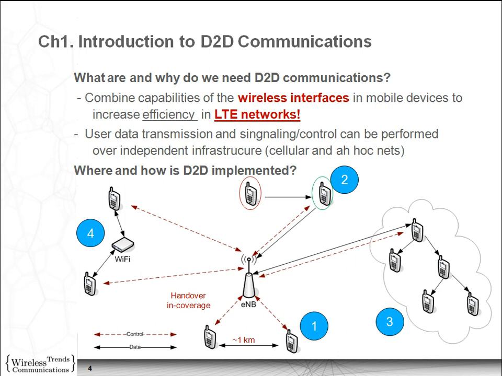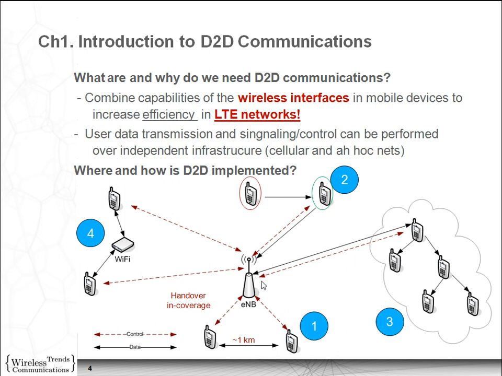So here we have 4 different scenarios that I want to talk about, and it is to answer these questions: where and how D2D can be implemented. So the first scenario is the basic configuration for device to device.